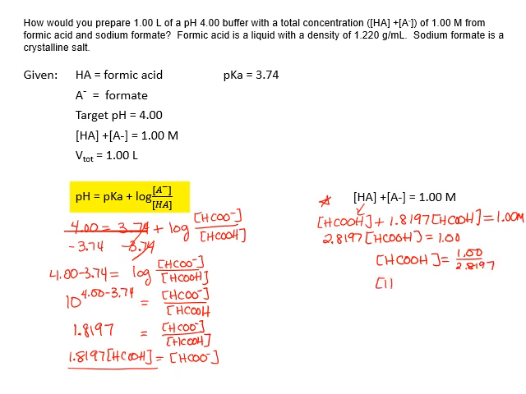tells me that my formic acid concentration is going to be 0.355 molar. To find the formate concentration, I can go back to my original equation.